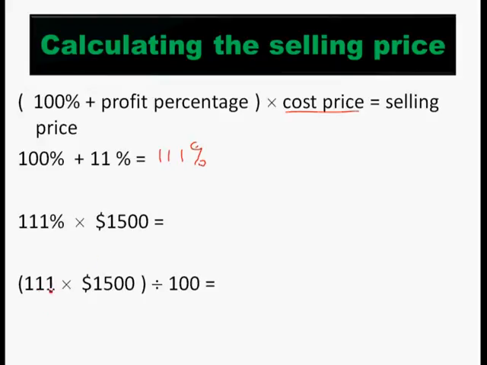Good. So here it is now. 1,500 times 111%. We're going to divide that answer by 100. Good. And the answer is $1,665.